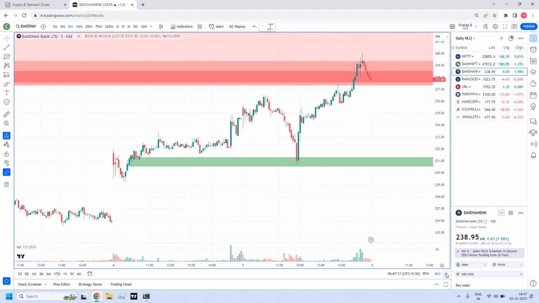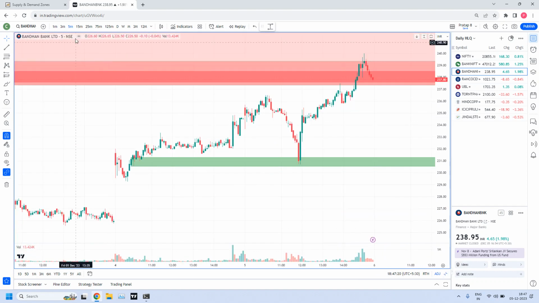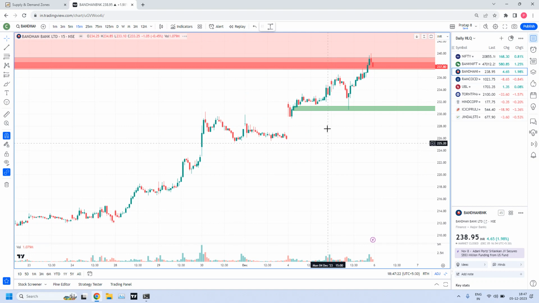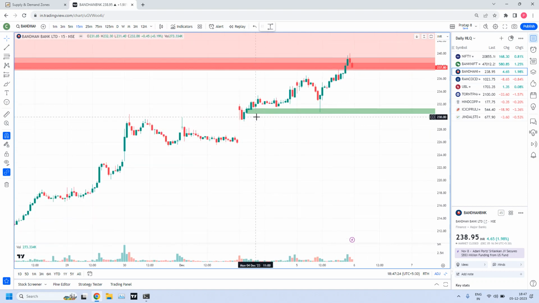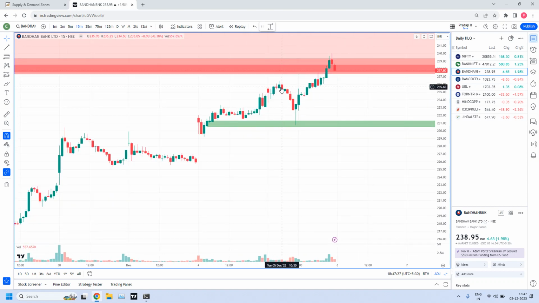See, look into this. 15 minutes. This is supposed to be our target. Today in the morning hour, the prices were moving up and unable to enter into this zone. Even before entering into this zone, the prices came down and reached the target.